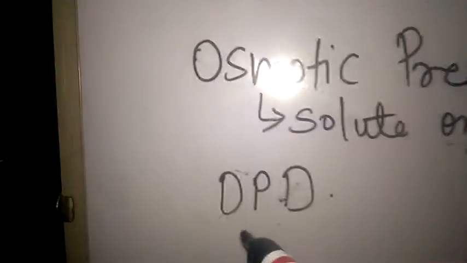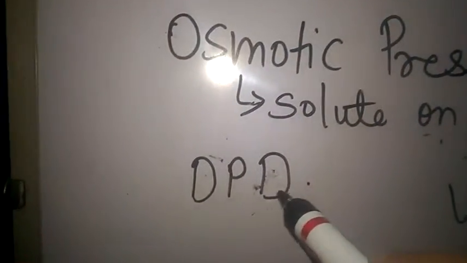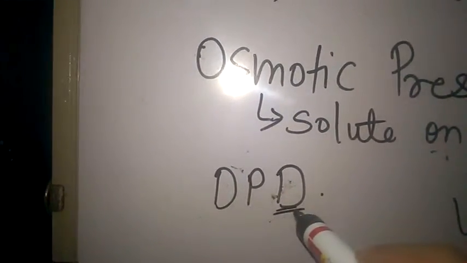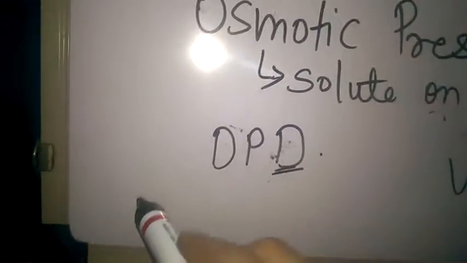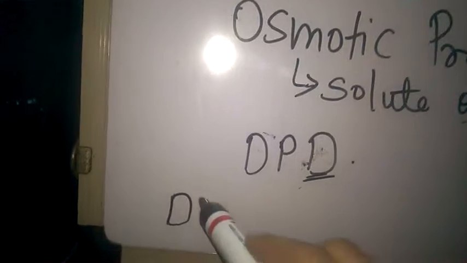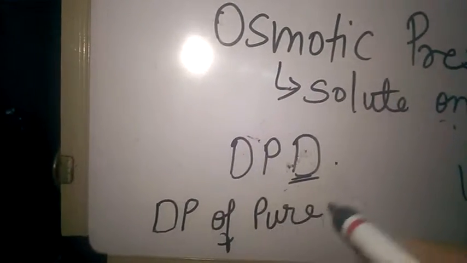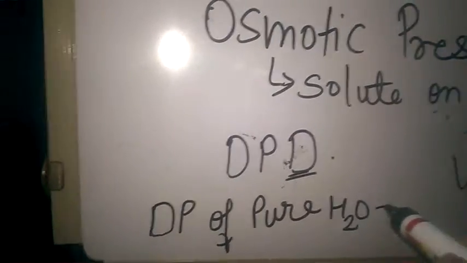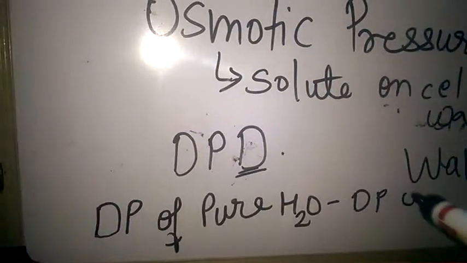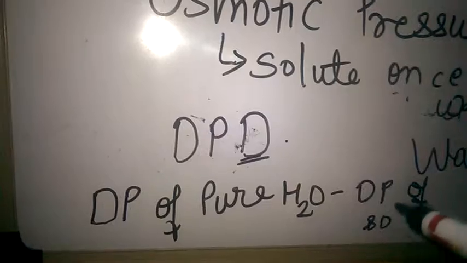Okay. Now what is meant by diffusion pressure deficit? Deficit means difference. So DPD, that is diffusion pressure deficit, is the difference between diffusion pressure of pure water minus diffusion pressure of solute.